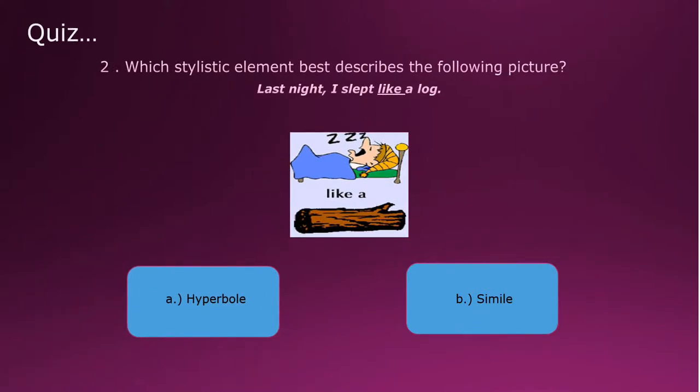Number 2. Which stylistic element best describes the following picture? Last night I slept like a log. Is it A, hyperbole, or is it B, simile? If you chose B, simile, you are correct.